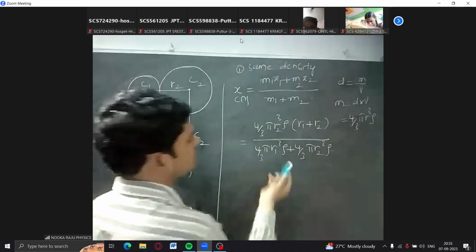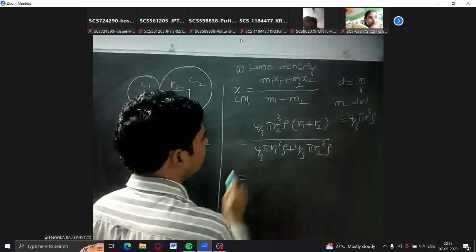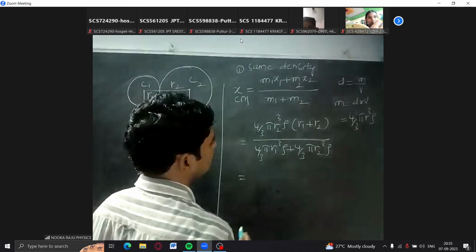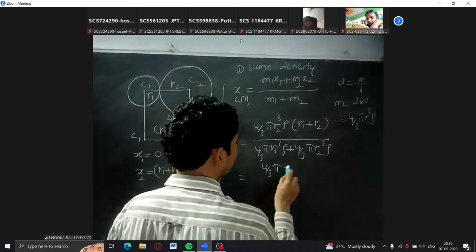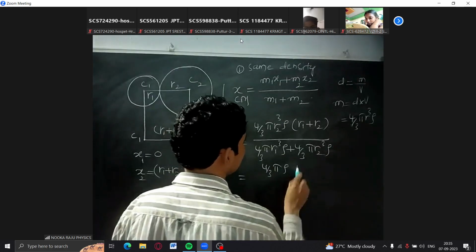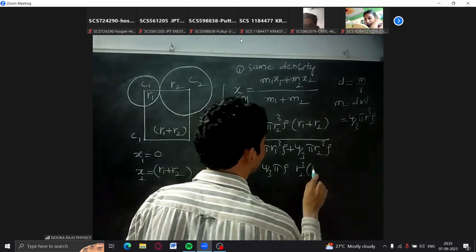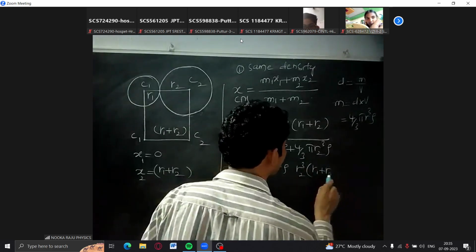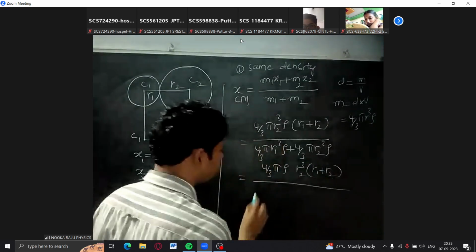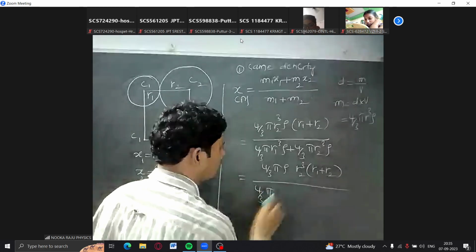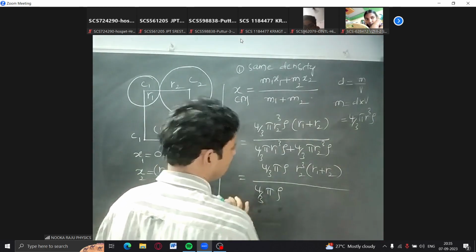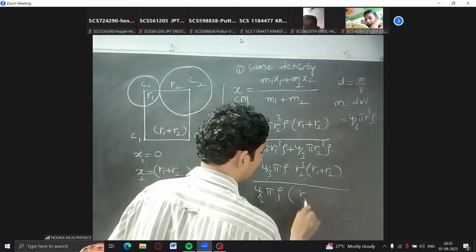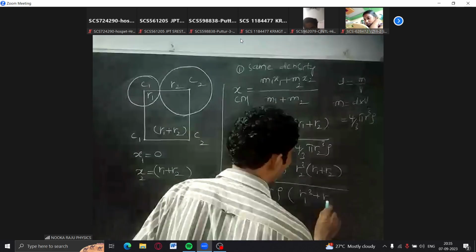Now take 4/3 pi rho separately in the numerator and the denominator, leaving r2 cube into (r1 plus r2) over r1 cube plus r2 cube.